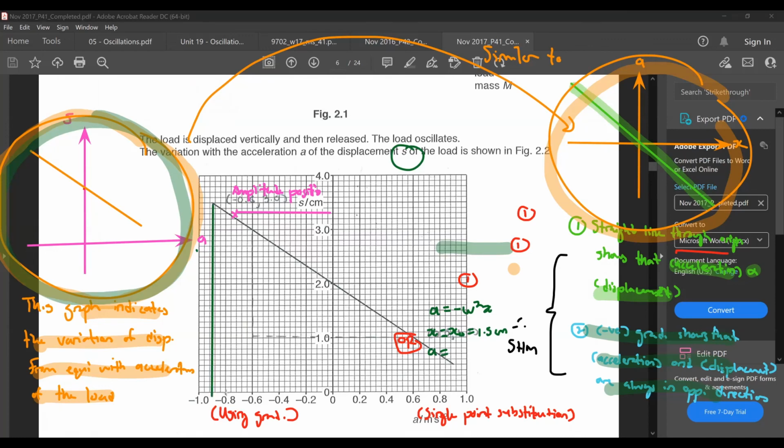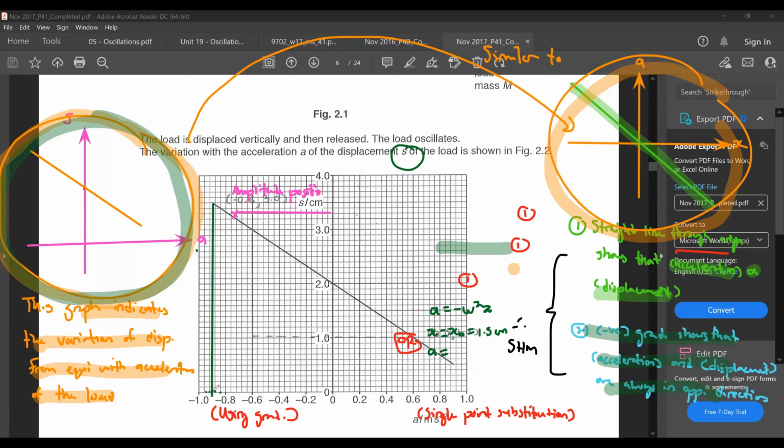So if you try to see from here, this one requires you to read the graph properly. Here you have 0.2 divided by 5, each one is 0.04. This one here is negative 0.84, 0.88, 0.92, 0.96, and 1.